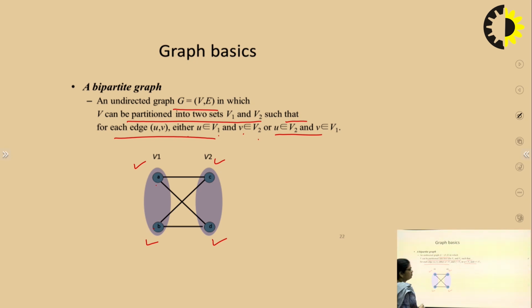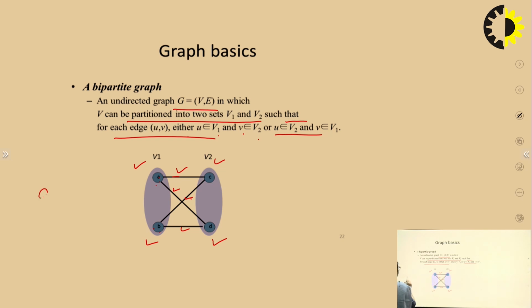So if I see this particular graph, the 4 vertices have been partitioned into 2 sets. The vertex set is divided into 2 sets, V1 and V2, such that V1 contains A, B and V2 contains C, D. Now, what is to be checked? Each edge has endpoints.